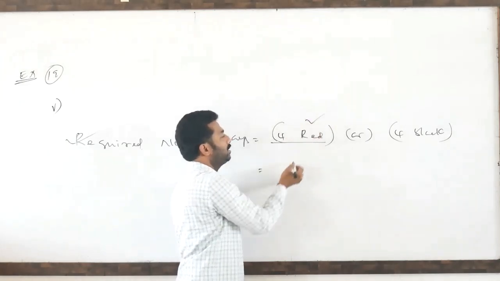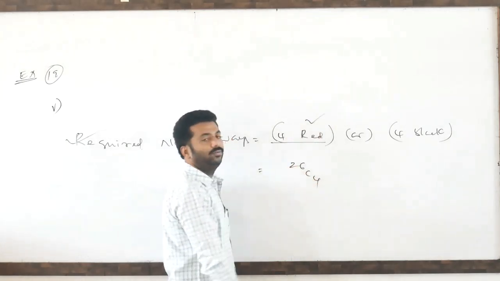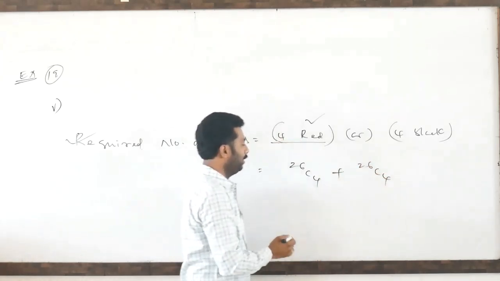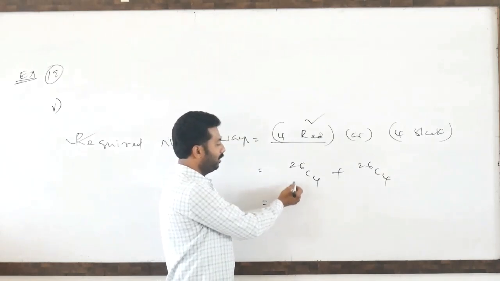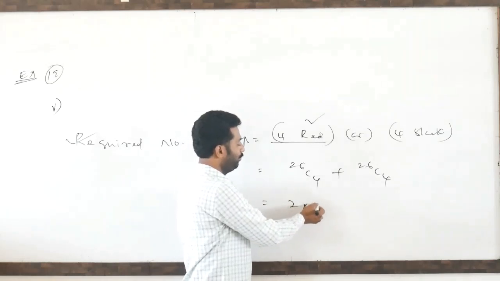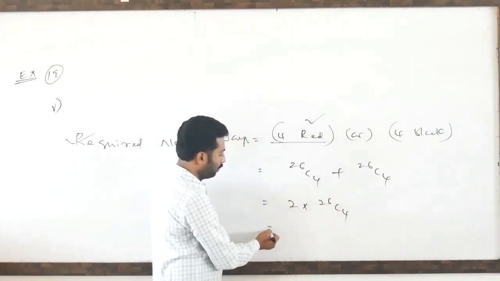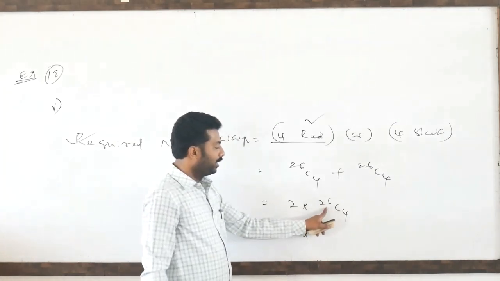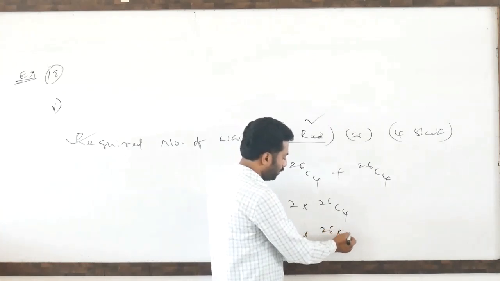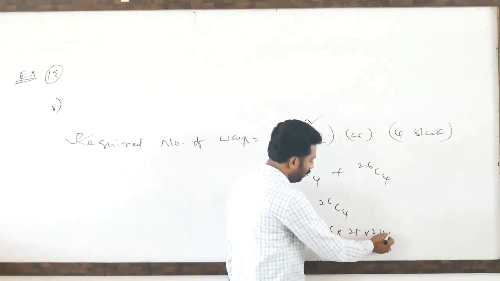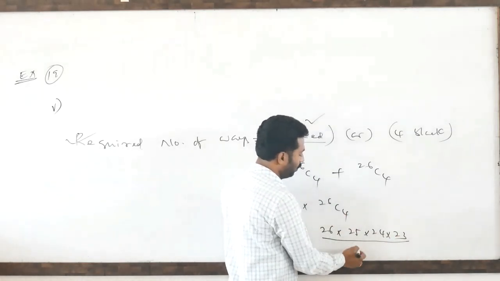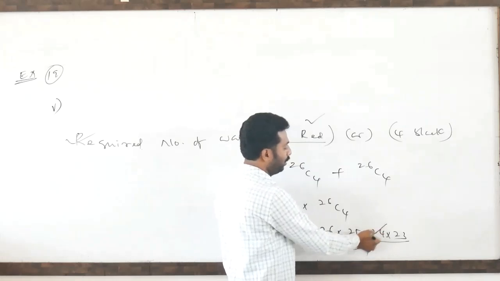How many total red cards are there? 26. 26C4 ways. And OR means plus. So 26C4 plus 26C4, this is 2 times 26C4. So 2 into 26 into 25 into 24 into 23 divided by 4 factorial, and 4 factorial is nothing but 24.